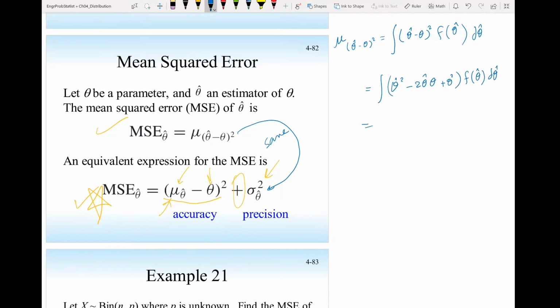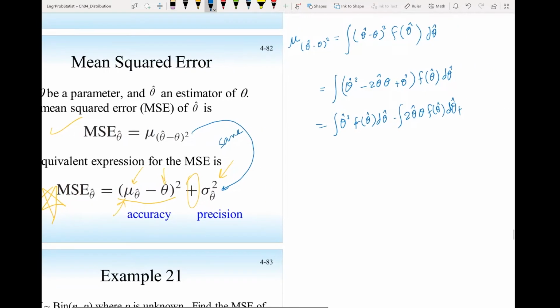And this equals the integral of theta hat square f theta hat d theta hat minus the integral of 2 theta hat theta f theta hat d theta hat plus the integral of theta square f theta hat d theta hat. Now this one is mu theta hat square, that's this one, minus theta is a fixed value, so the 2 can come out. Now the integral of theta hat with that density function will give you mu theta hat, plus theta square will come out of the integral, and the integral of the density function is just 1.